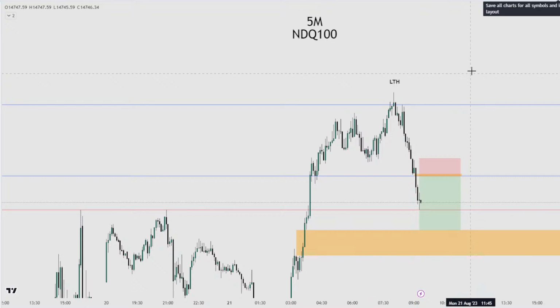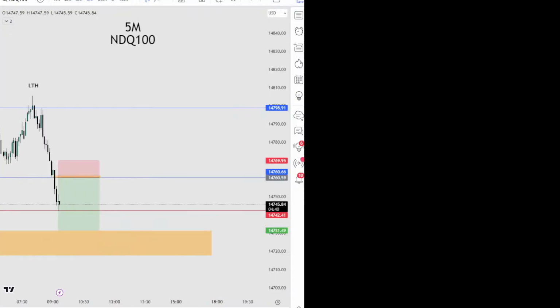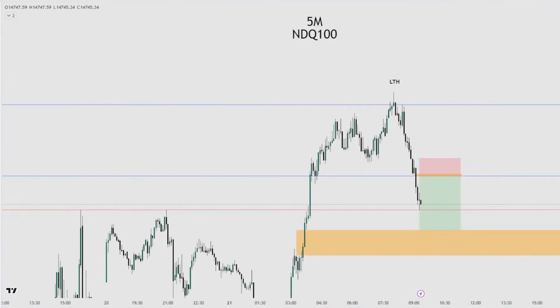This is the 5-minute long-term high. And if we trade through here and then reject it, this could be a long-term low right here, because we swept liquidity and it's a long-term low.